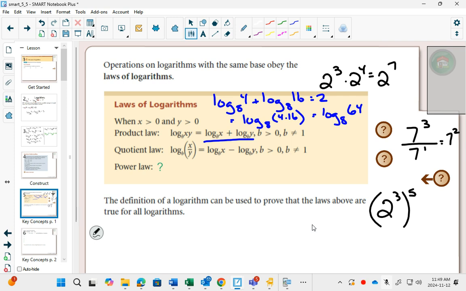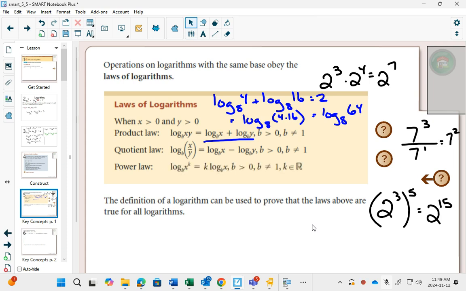When you had an exponent to another exponent, you would multiply. In logarithms, if you have an exponent inside your logarithm, you can take that exponent and bring it out in front and multiply. So all of our exponent laws have a corresponding log law. And you can play around with your logarithms and actually prove each of these if you want to.